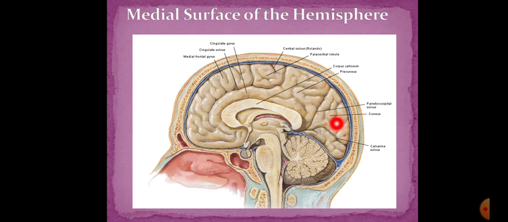This gyrus located between the calcarine sulcus and parieto-occipital sulcus is the cuneus, and this gyrus anterior to the cuneus is known as the precuneus.